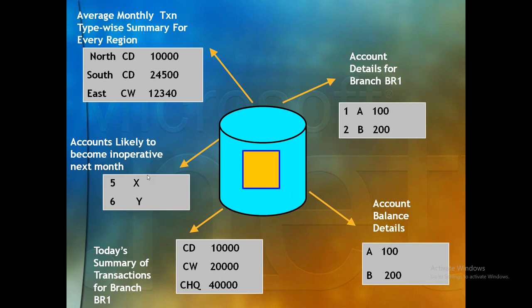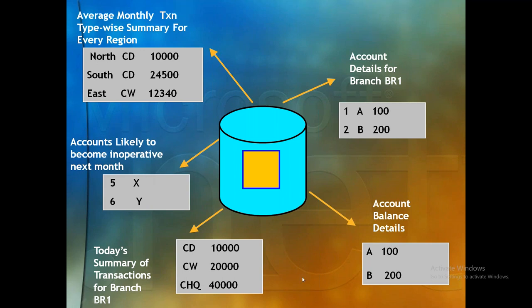So you can give an alert. You can say that these accounts are likely to become inoperative next month. The bank may give you 6 months or 1 year of time, right? If you don't do any transactions against your bank account, it will be marked as an inoperative account, right?